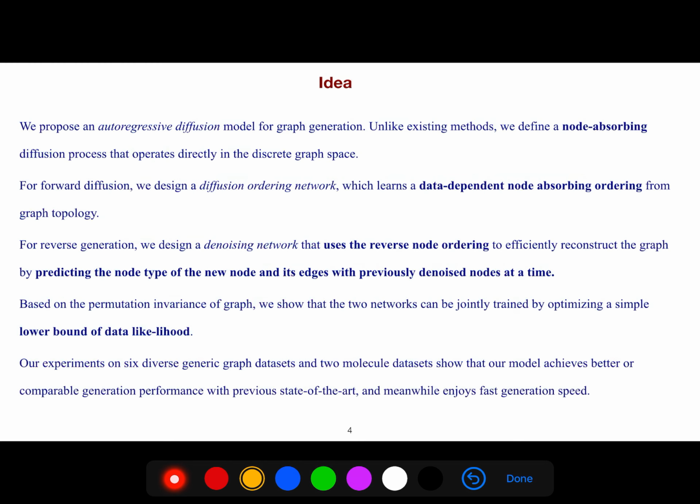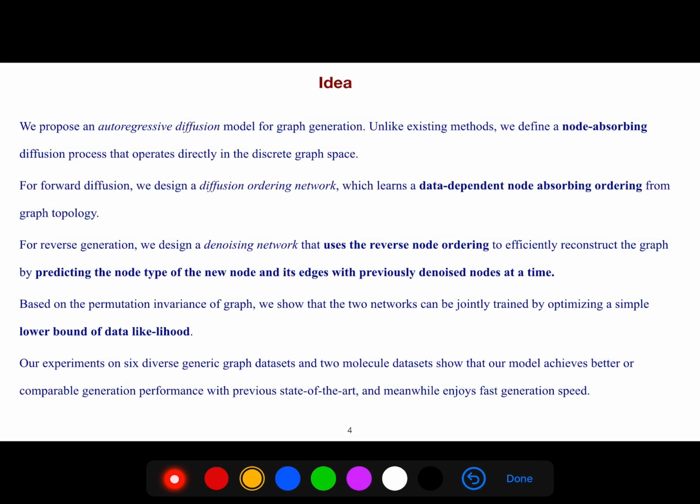Unlike existing methods, we define a node-absorbing diffusion process that operates directly in the discrete graph space. For forward diffusion, we design a diffusion ordering network which learns a data-dependent node-absorbing ordering from graph topology.